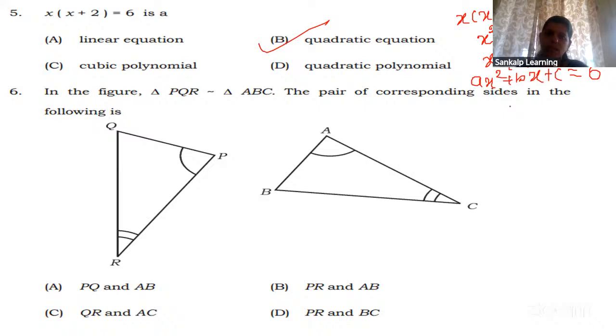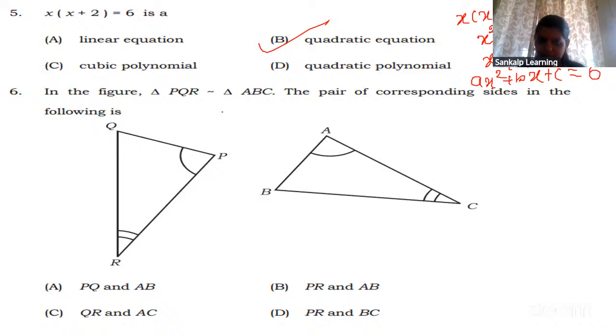Next one. In the figure, triangle PQR is similar to triangle ABC. The pair of corresponding sides in the following is. Observe carefully. Here, two triangles they have given, one is PQR and another one is ABC. Angle P is corresponding with angle A, because here we are going to observe one mark, right?